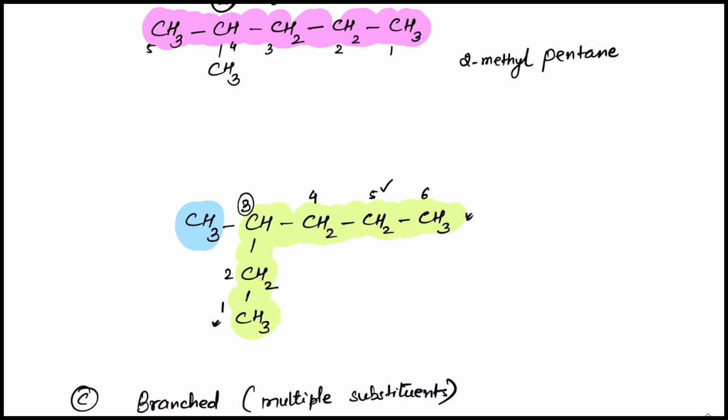And from the other end, the substituent comes at position number 4. So we will take the lower number. And since there are 6 carbon atoms in the parent chain, this is a hexane. And at the third carbon, there is a methyl group attached. So this is 3-methylhexane.